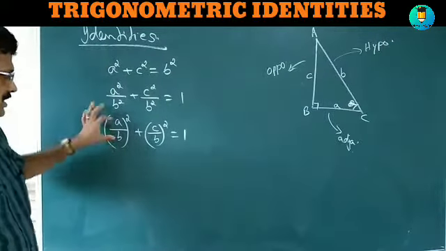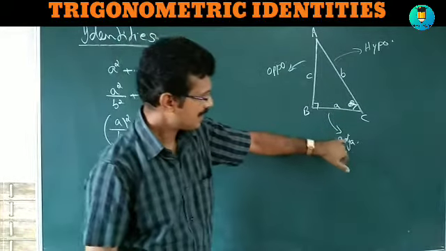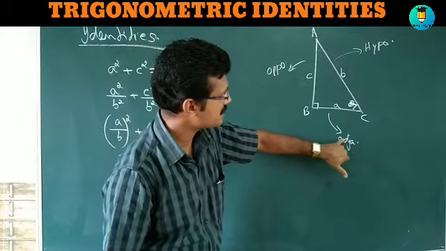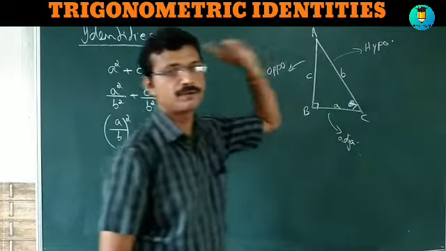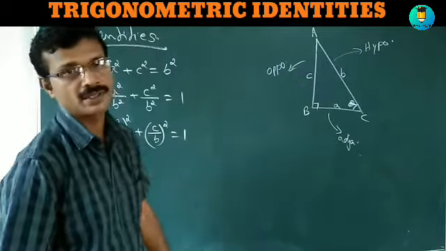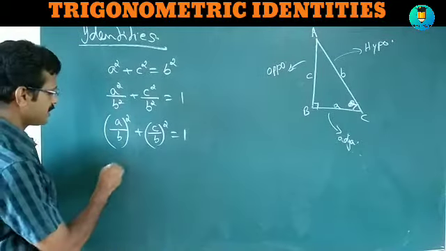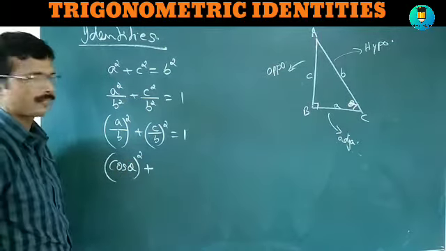So a by b means adjacent side by hypotenuse. If you know the ratio, adjacent side by hypotenuse is known as cos theta. So this can be written as cos theta whole square.